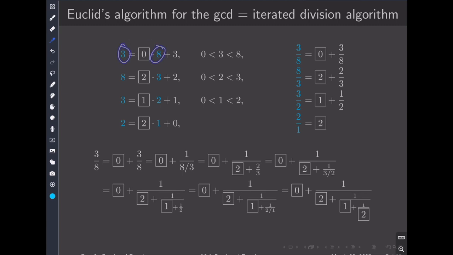Okay, but let me stop here and remember that I was interested in dividing 3 by 8. So instead of going in the direction of the greatest common divisor, don't forget that you wanted to divide 3 by 8. So this equation becomes this equation.